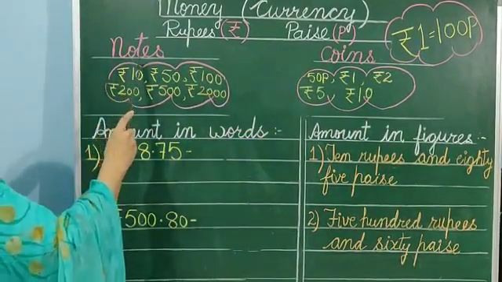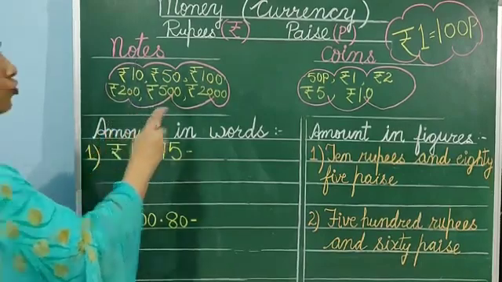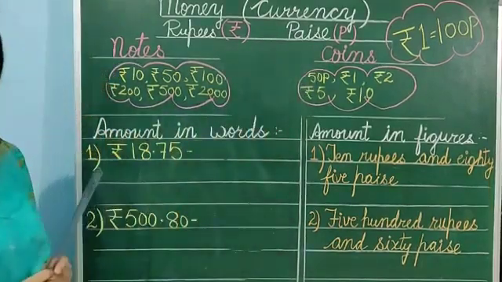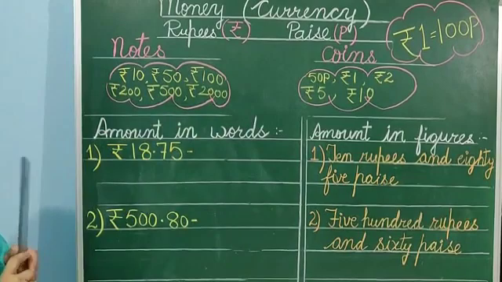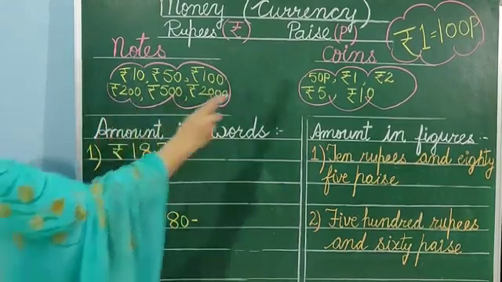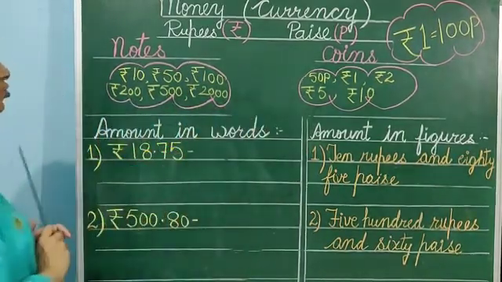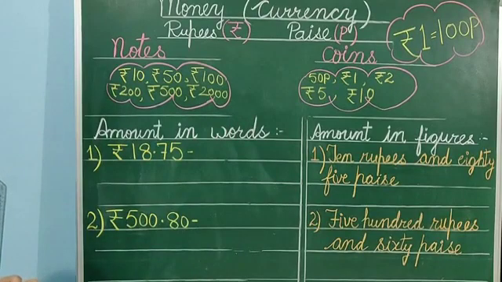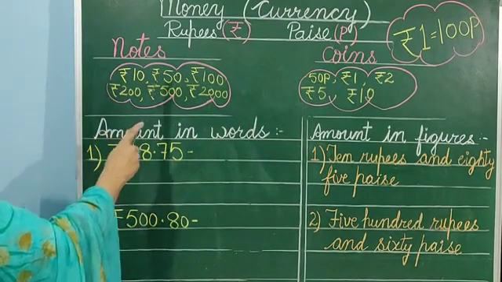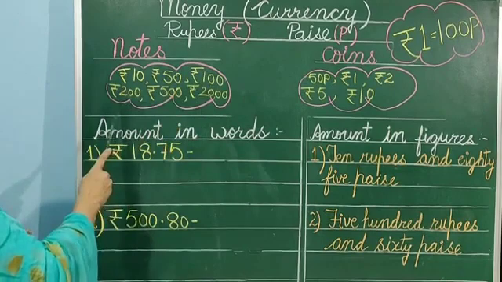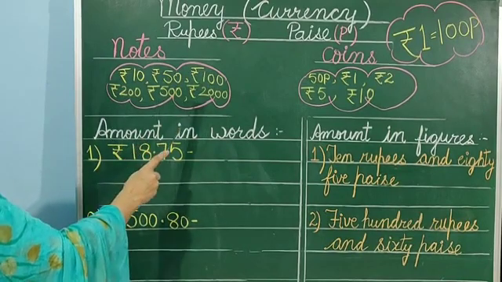Now Indian currency is used in the form of notes and coins. Now which notes are being used these days? Rupees 10, rupees 50, rupees 100, rupees 200, rupees 500, rupees 2000.